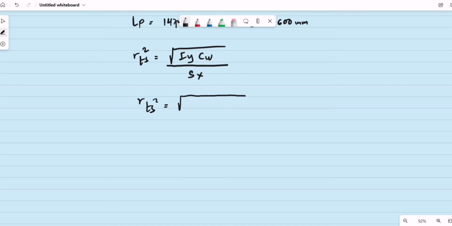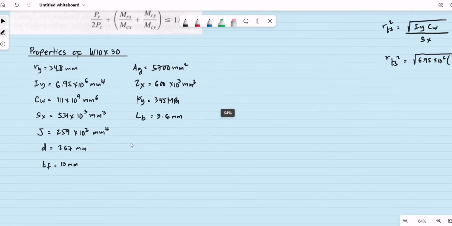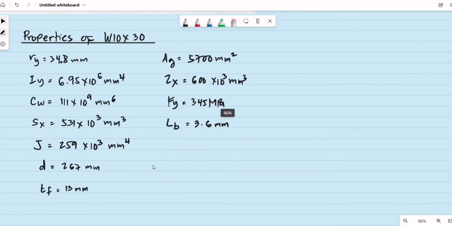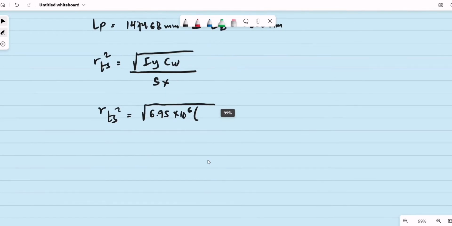So this is 6.95 times 10 raised to 6. Then to be multiplied by the C sub W, the C sub W is 111 times 10 raised to 9. So this is to be multiplied by 111 times 10 raised to 9.